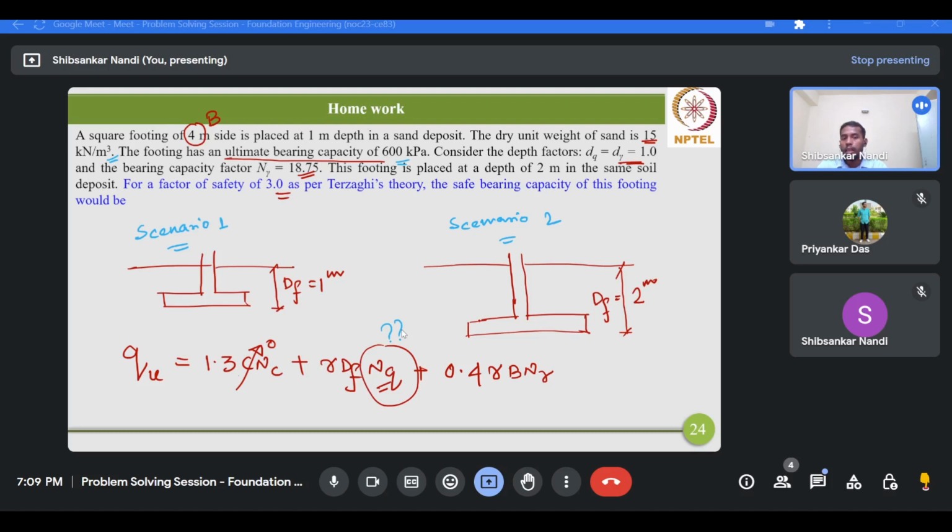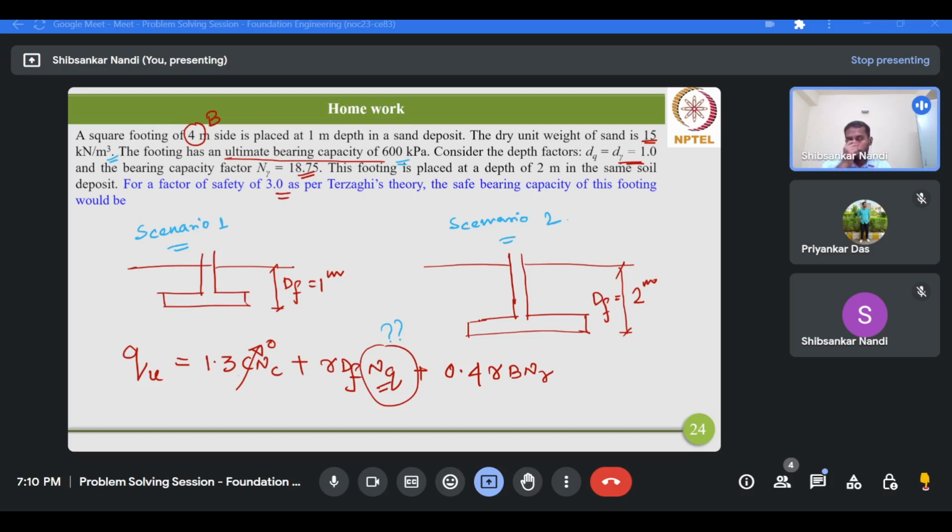You are not changing the soil condition, so the soil deposit would remain the same. Therefore you can use the same Nq value for scenario 2, and all other entities are given to you, so you can easily calculate the safe bearing capacity corresponding to scenario 2 with a factor of safety of 3.